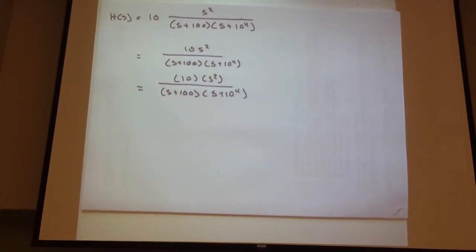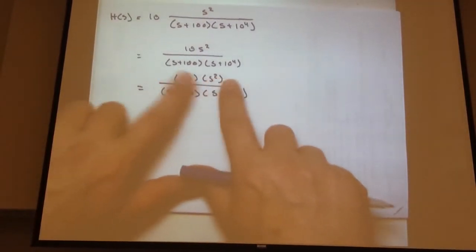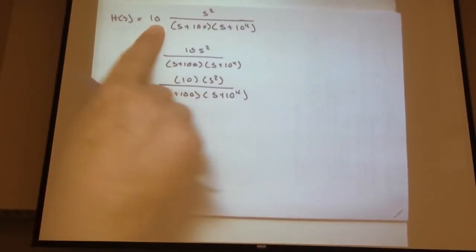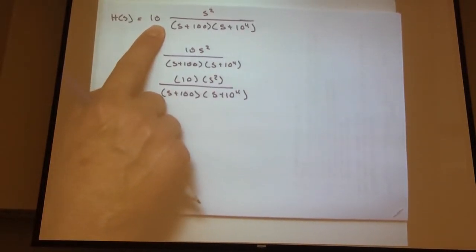Well, I want to emphasize that when we keep the dominant term, when we looked at this last week, when we asked whether s was larger than that pole or zero, well, the dominant term is a kind of parentheses concept. So it's stuff we multiply together. So in this case, when we keep dominant terms, that 10 is going to be in every approximate H of s, because it's multiplied by every one.